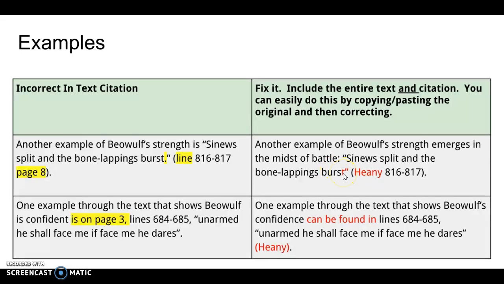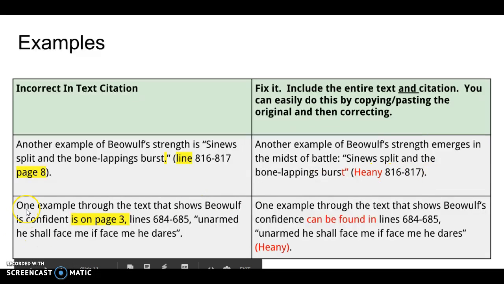First, you need to put the quote mark after your quote ends, but you're not going to put the period there. You're going to put the period after your in-text citation. So you're going to add Heaney 816 to 817, but you don't need to put that page 8. So that is one way to do it. You could just have the quote there and then have that in-text citation at the end.